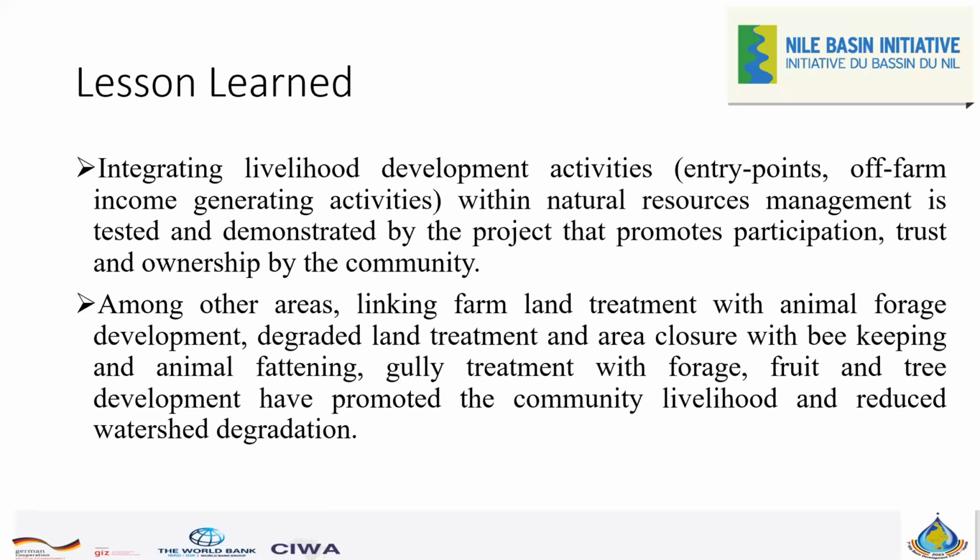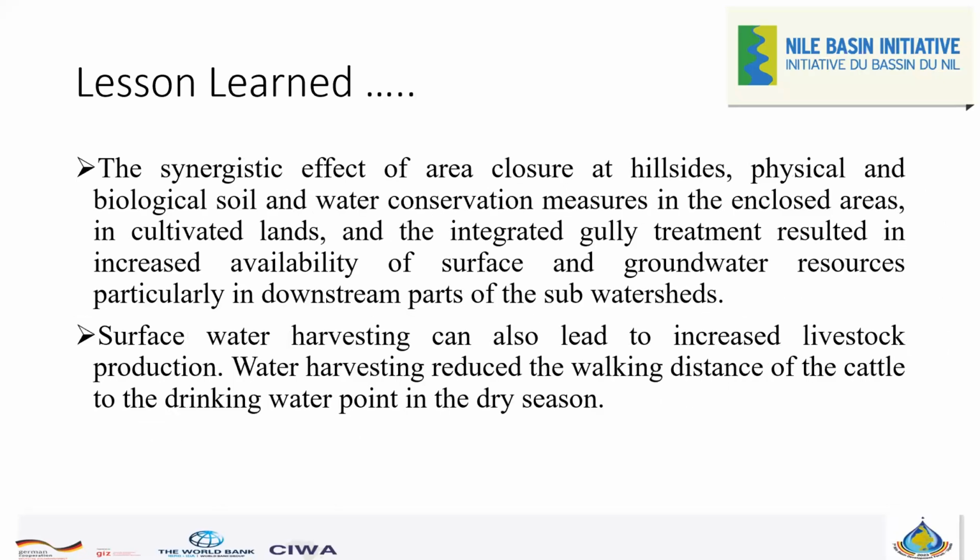Among other areas, linking farmland treatment with animal forage development, degraded land treatment and area closure with beekeeping and animal fattening, and gully treatment with forage and fruit trees development have promoted community livelihood and reduced watershed degradation. This is the lesson learned from this project.